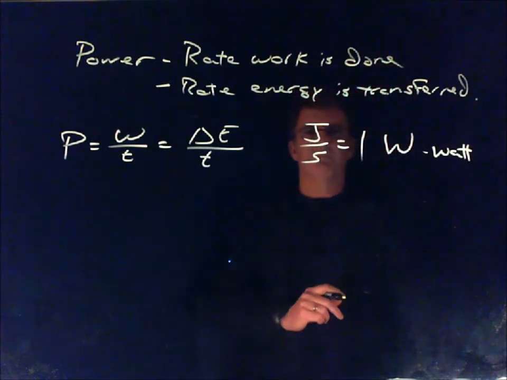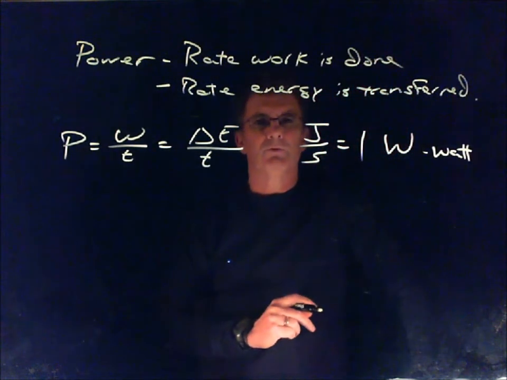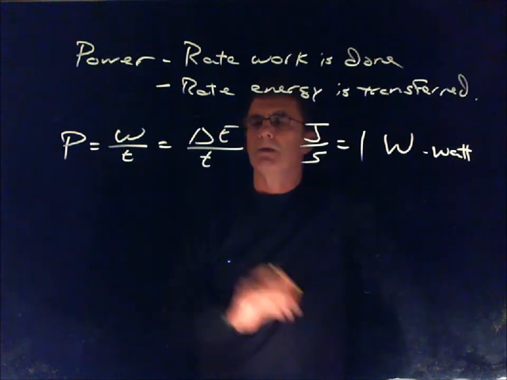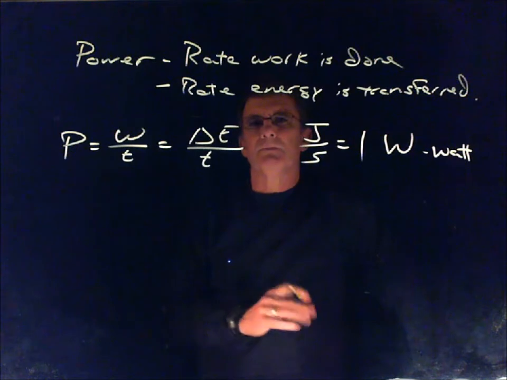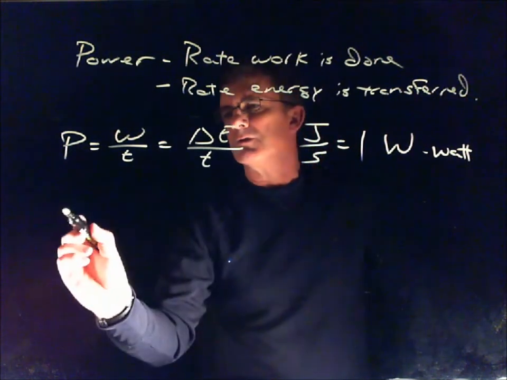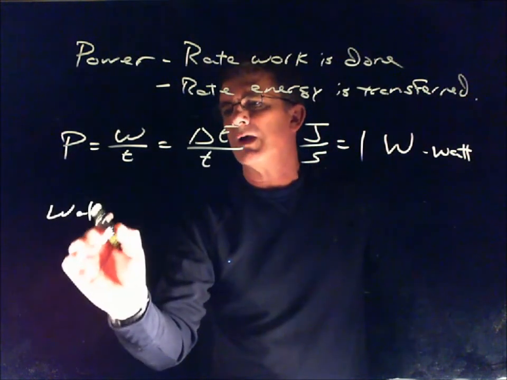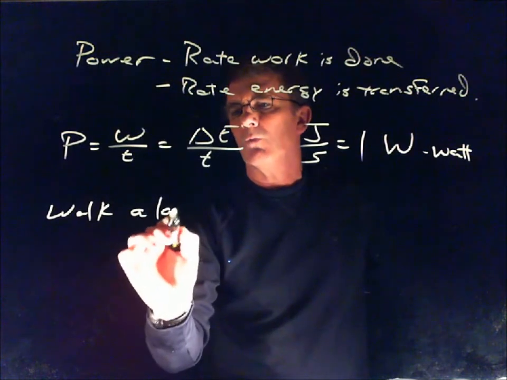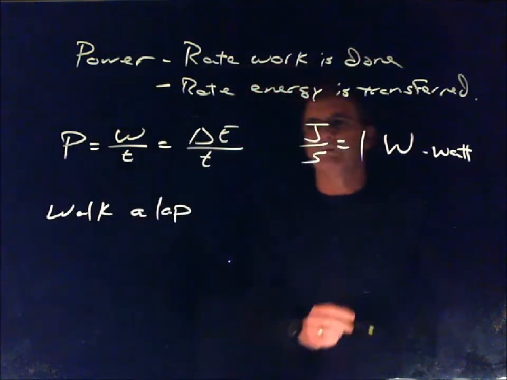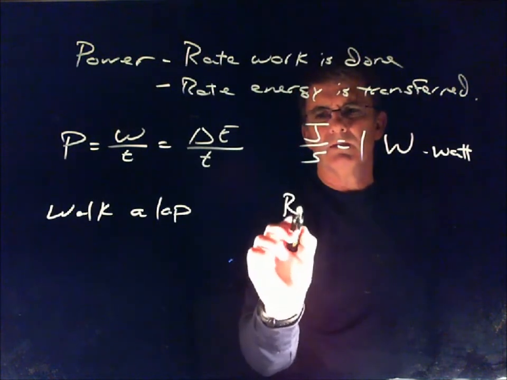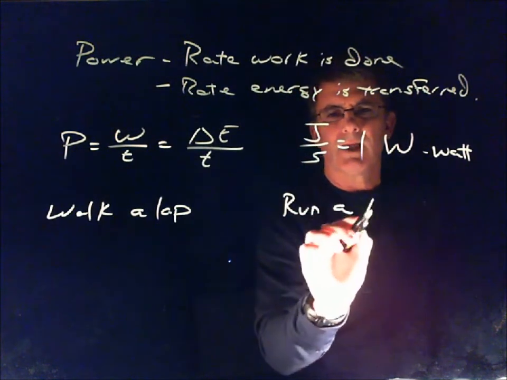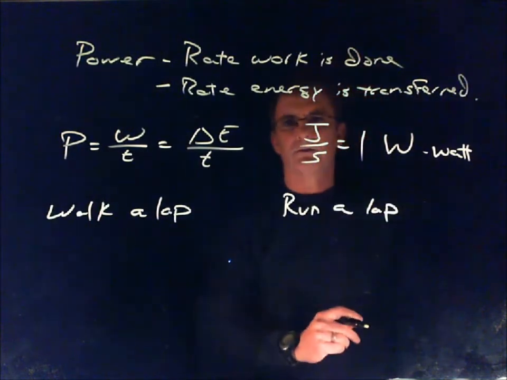You might have probably heard that term with some of the household appliances or something like this. Power is a little bit of a confusing idea. So let's look at a situation. Let's say we go down to our school track and we walk a lap around the track, 1/4 of a mile. Let's say we then run a lap around the track.